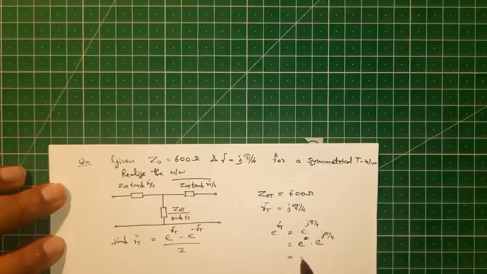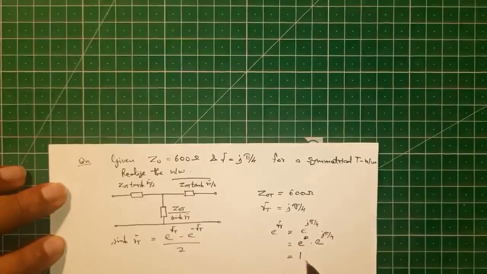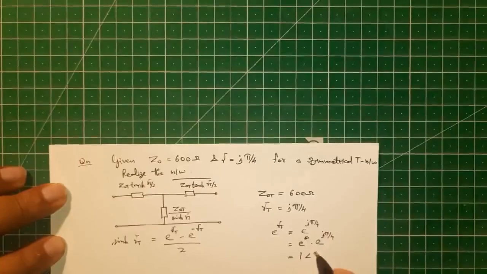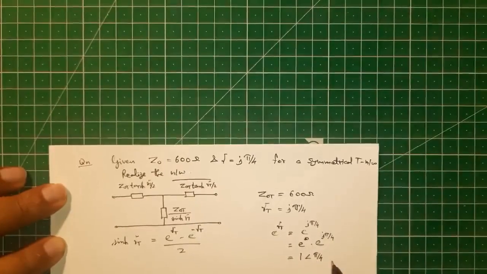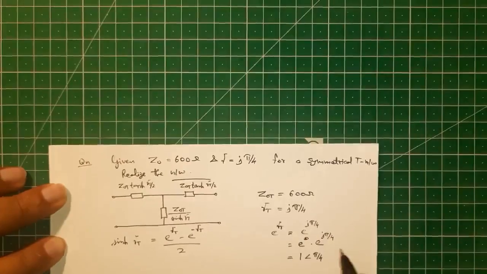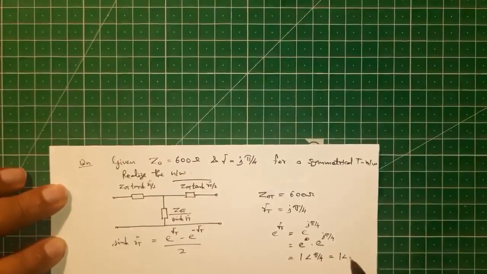So e power 0 is 1, and angle pi by 4 in radians, which is an angle of 45 degrees.